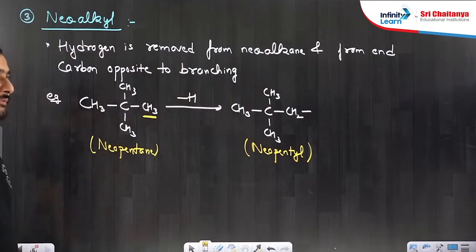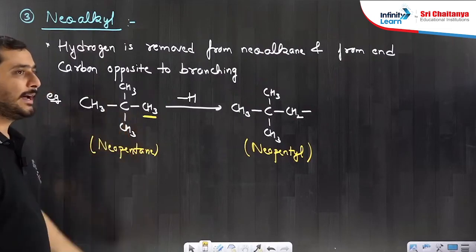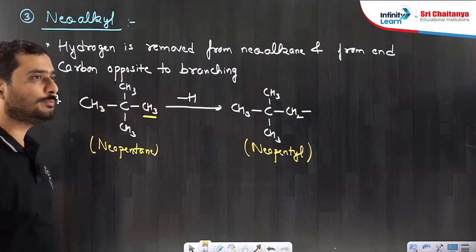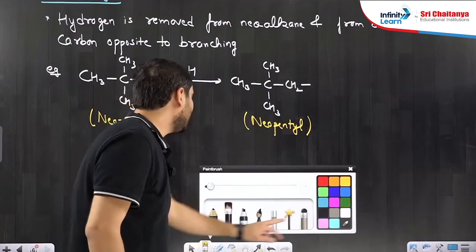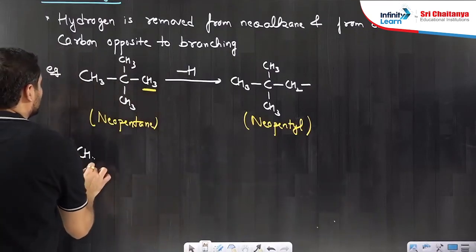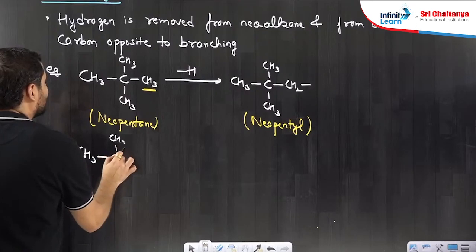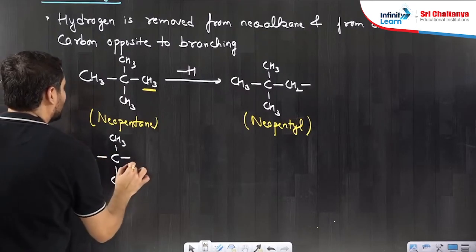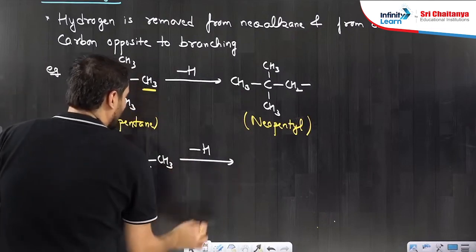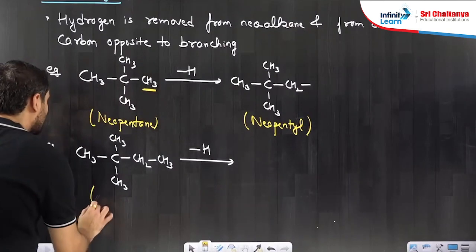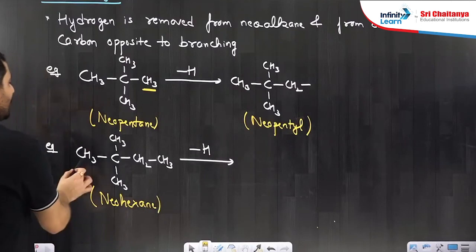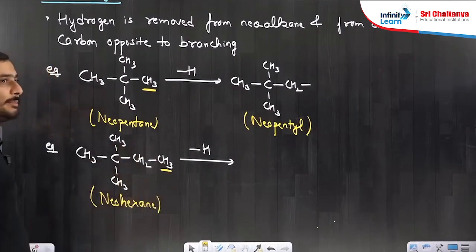Clear? So whenever we have to write neoalkyl, we have to remove one hydrogen from the neoalkane and from the end carbon opposite to branching. Next example, if I write the neohexane structure. What is the structure for neohexane? CH3C(CH3)2, 2 methyl branchings at the second position and 4 carbon atoms in a straight chain. Now if we remove one hydrogen, this is the structure for neohexane. Now 1, 2, 3, 4, this is the carbon opposite to branching.